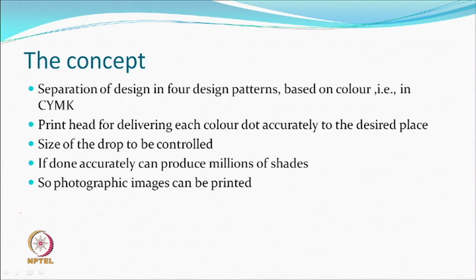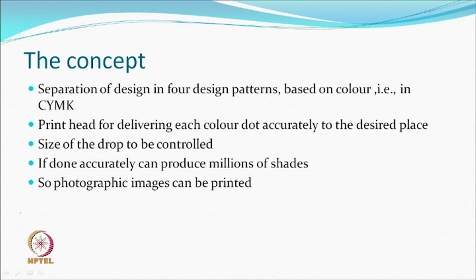So, general concept is any design which obviously is a colorful design has to be separated, like you had a normal design, an 8 color design. So, you had to separate them into 8 types of, let us say, tracings. So, that one tracing is for one color, and so you have so many screens or so many rollers, and so you push only one color through one and then superimpose the other.